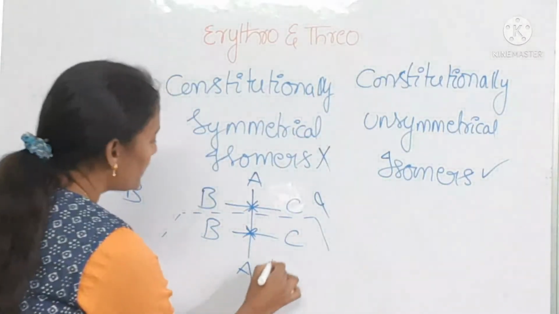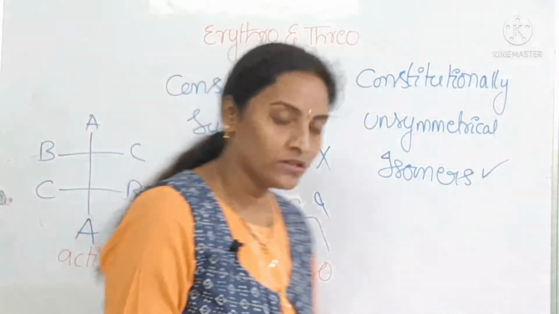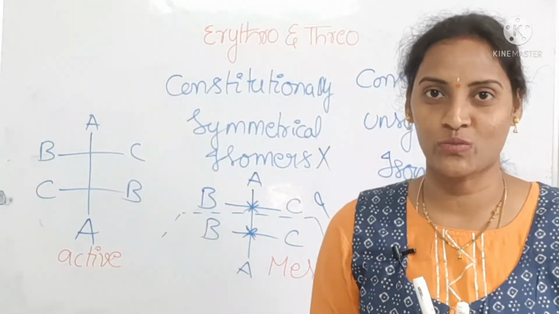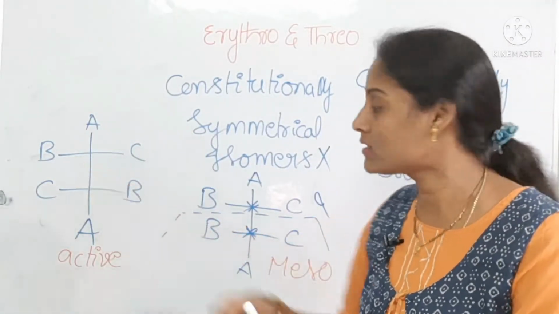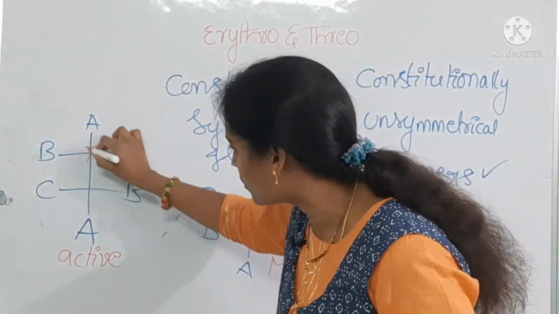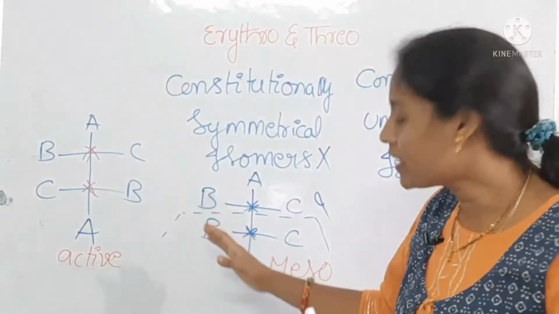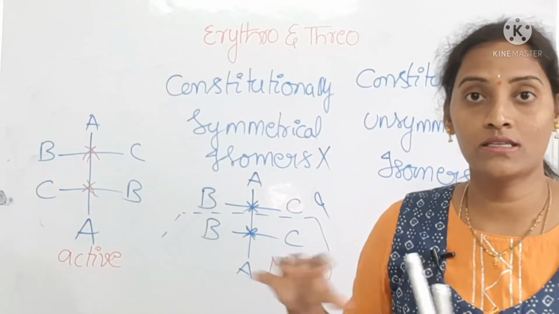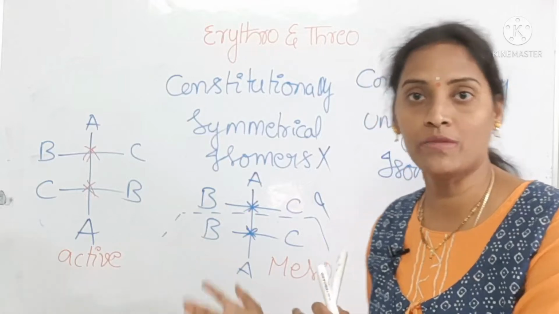And this one is a meso compound. If these two isomers are constitutionally symmetrical, that means the same groups are present at both stereo centers or chiral centers, so here we can assign whether the compound is meso or active.